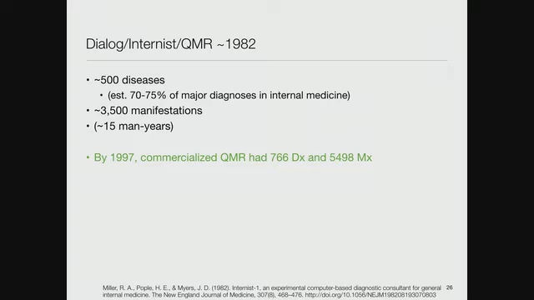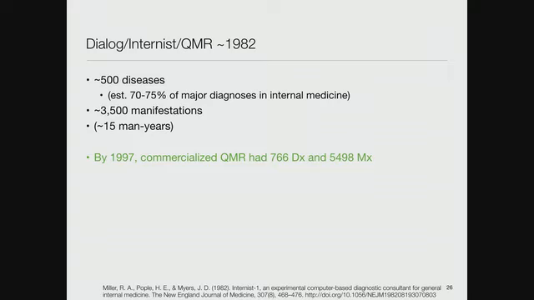So around 1982, this program had about 500 diseases, which they estimated represented about 70 to 75% of major diagnoses in internal medicine, about 3,500 manifestations, and it took about 15 man-years of manual effort to sit there and read medical textbooks and journal articles and look at records of patients in their hospital.